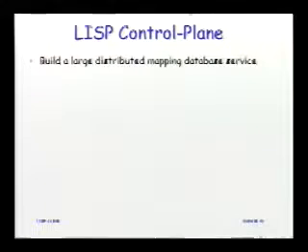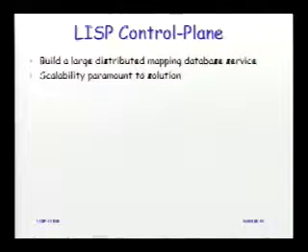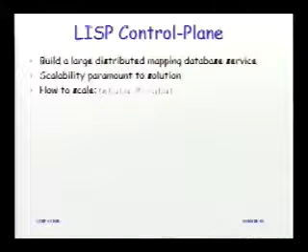So what we wanted to do was build a really huge distributed mapping database service for LISP so that we wouldn't have to do static mapping like we're doing right now, or data plane mapping. Our key concern was scalability, because what we did not want to do is import all the scalability problems of the routing system, the RLOC routing system, if you will, into the mapping system.